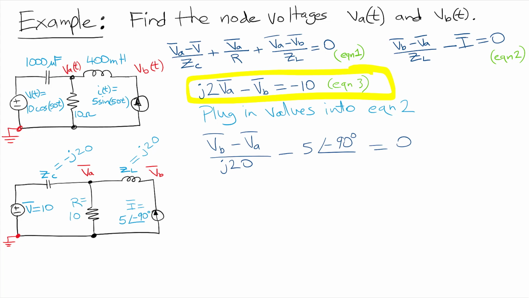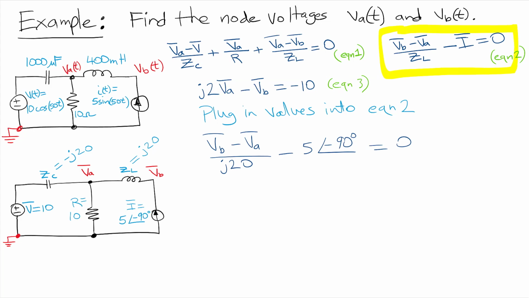Now we're going to use equation 2 and put in the values for it. VB and VA are unknown; that's what we're solving for. But we know that ZL is j20, and we found the current phasor to be 5 with a phase angle of 90 degrees.